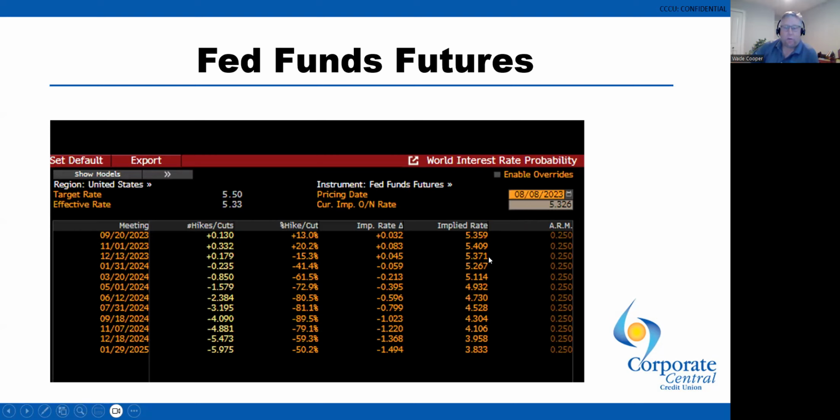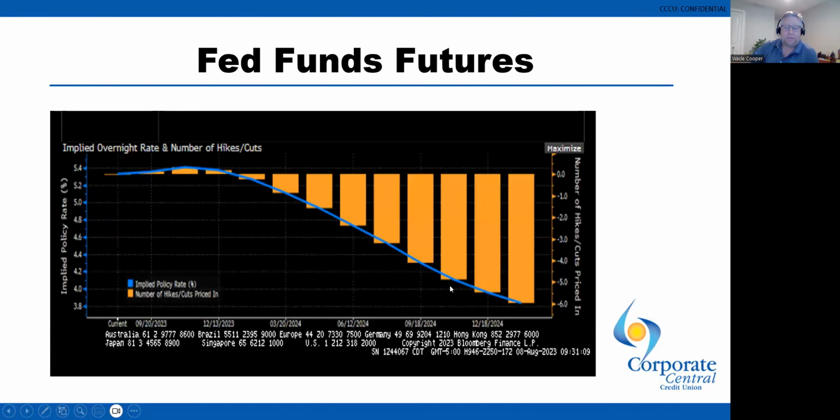They're looking to go up by the end of the year to 5.4, and then the cuts all the way down. If we look at the end of 24, the 12/18/24 meeting, they expect to be at 3.95. This is the graph of all of that data. So you can see a slight rise and then a whole bunch of cuts going down.